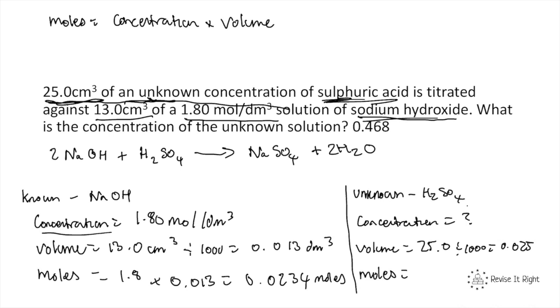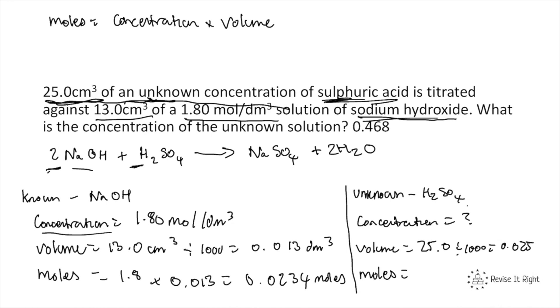And then we need to find our moles. We can do this by looking at our equation. We know that for every 2 moles of sodium hydroxide, we need 1 mole of sulfuric acid. That means we need half the amount of sulfuric acid than we do sodium hydroxide, because there's 2 moles here, 1 mole here, that's half.